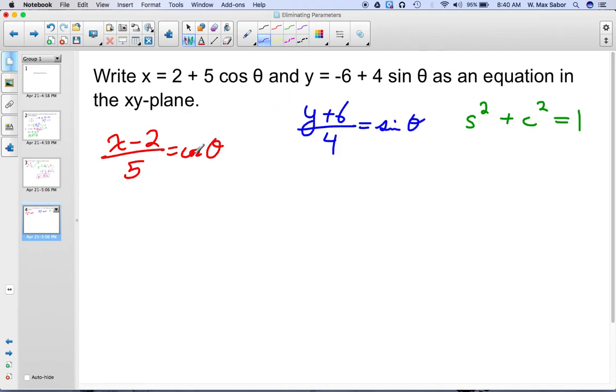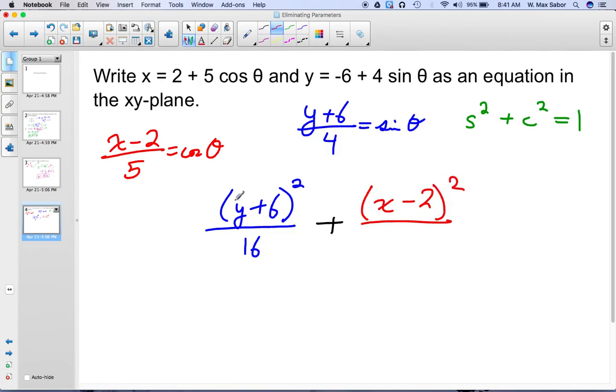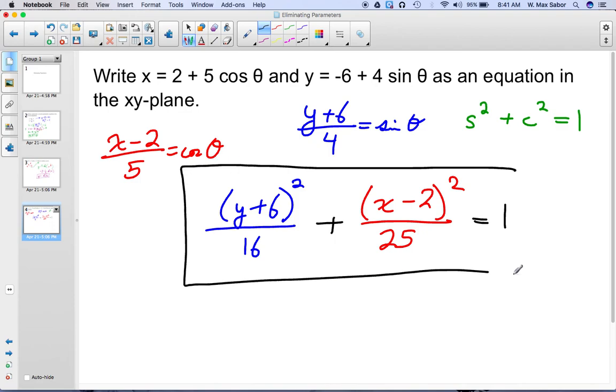So substituting this in for cosine squared and this in for sine squared, we get (y plus 6) squared over 16 plus (x minus 2) squared over 5 squared, which is 25, equals 1. And this is our plane curve.